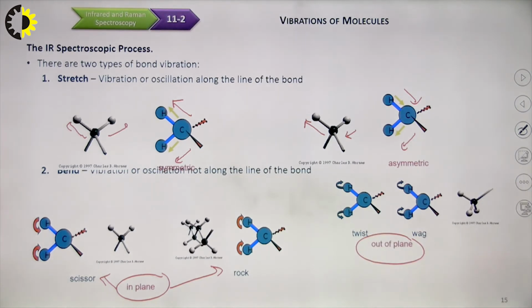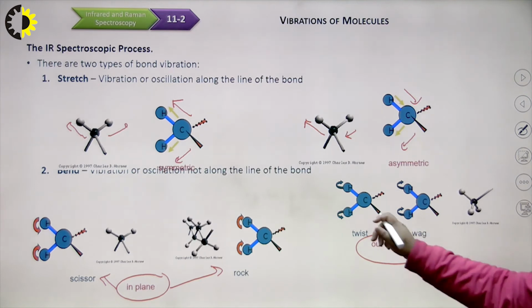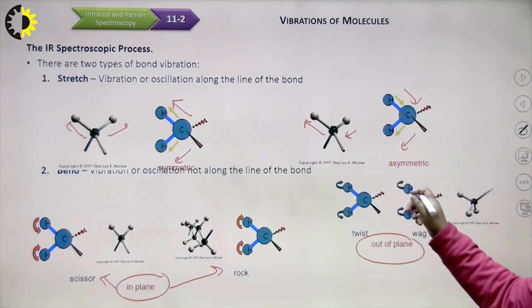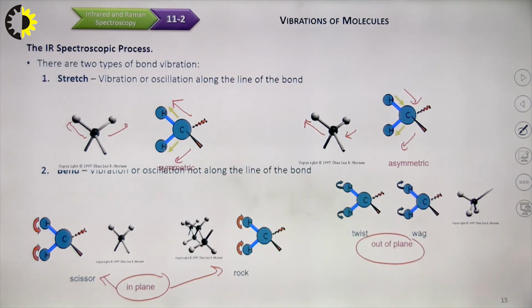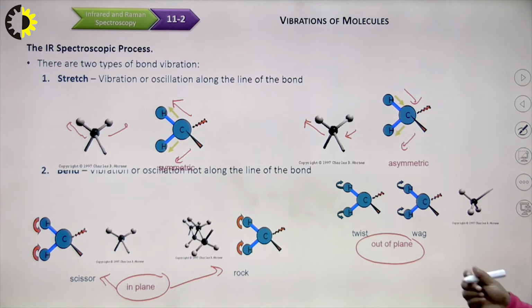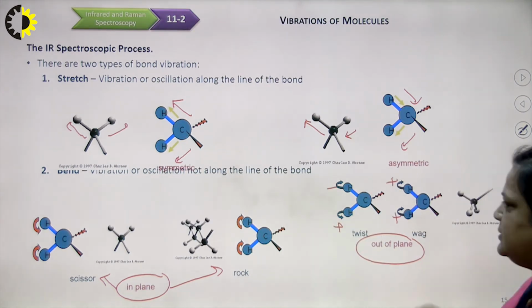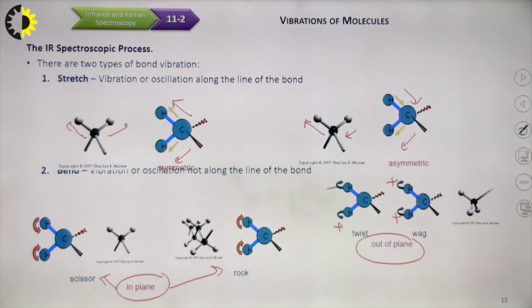Twisting means if one is in front of the viewer, then definitely the second is back to the viewer. So, twisting is opposite sides, while wagging is the same side. So, we can say plus minus or plus plus. Plus means in front of the viewer and minus means back to the viewer.